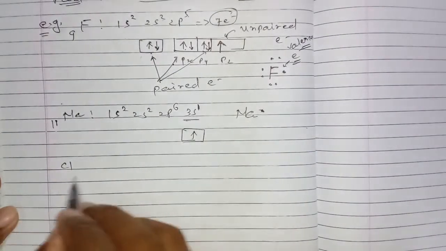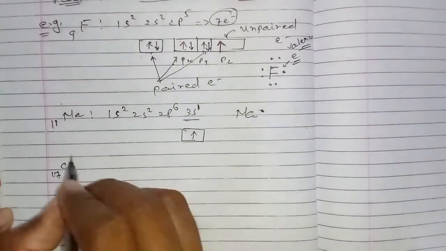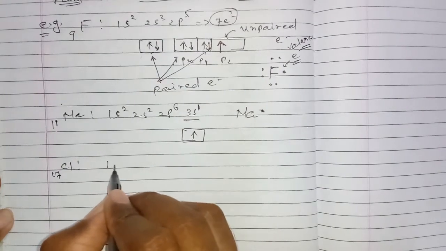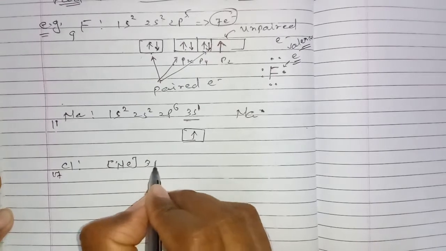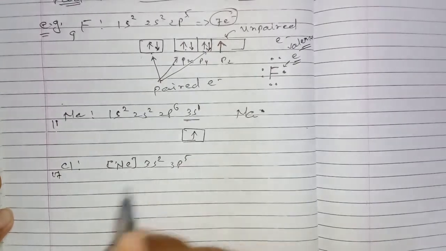Now chlorine, atomic number 17. Its electronic configuration is neon, 3s2, 3p5.